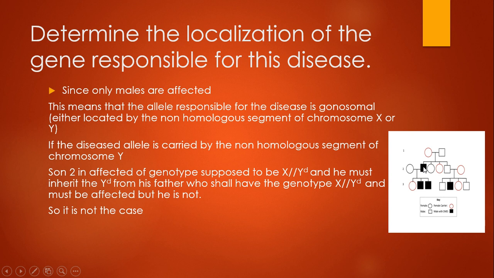For this male to be affected, if we consider that the gene is located on the non-homologous segment of Y, then the genotype of this male is supposed to be XYD, and he must inherit the YD allele from his father, whose genotype is then supposed to be XYD, and he obviously has to be affected, but clearly he is not.